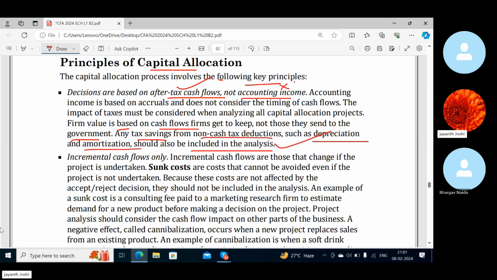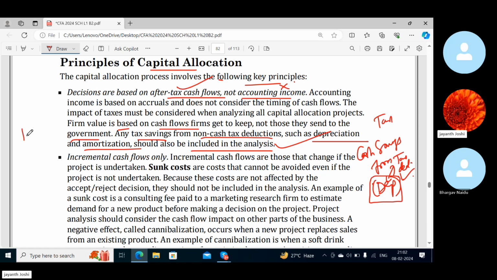That means any kind of tax deduction or cash savings from tax deductions. Here you are using depreciation expenditure as a tax deduction tool. You are reducing your tax liability because of this particular expenditure called depreciation, which is allowed as a deduction.